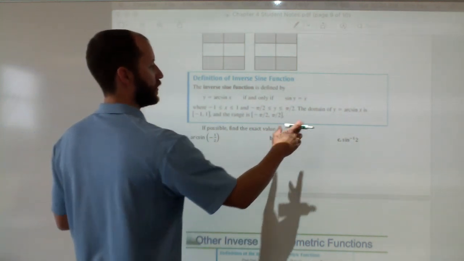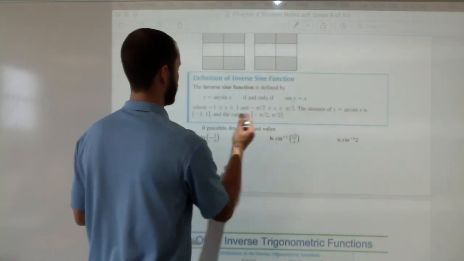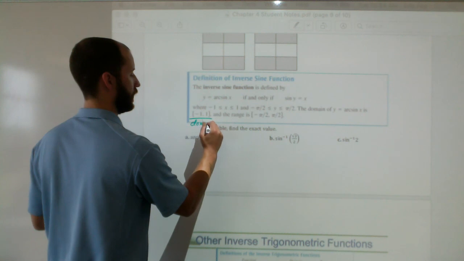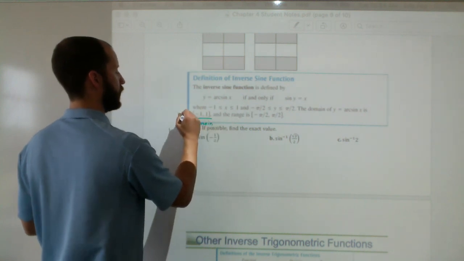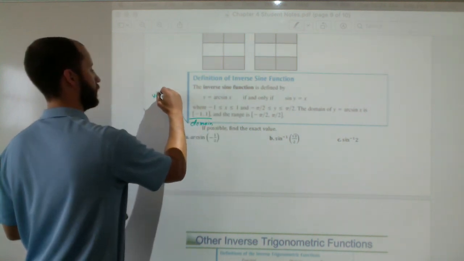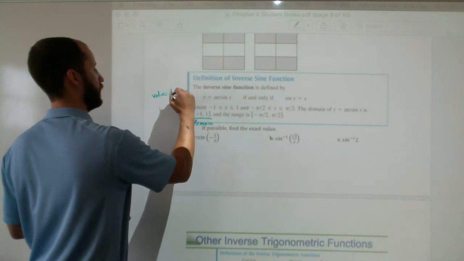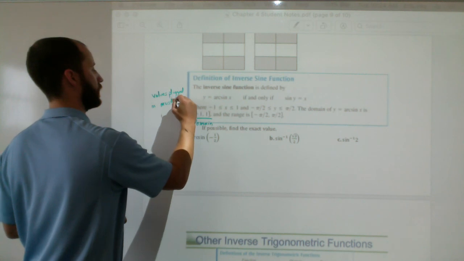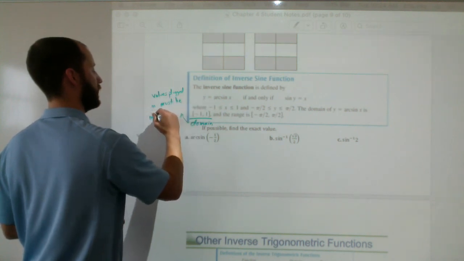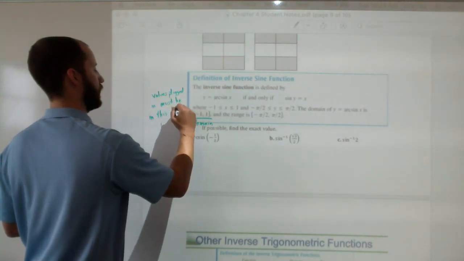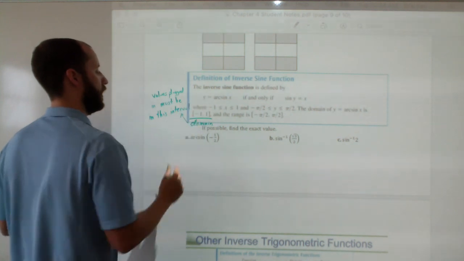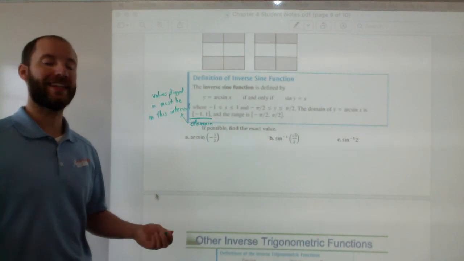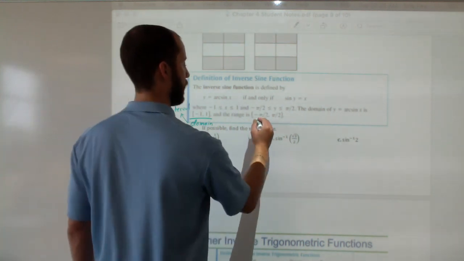The domain of our inverse is negative 1 to 1. Values plugged in must be in this interval. You can only plug in values between negative 1 and 1 to an inverse sine function.